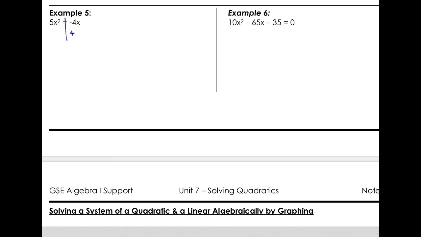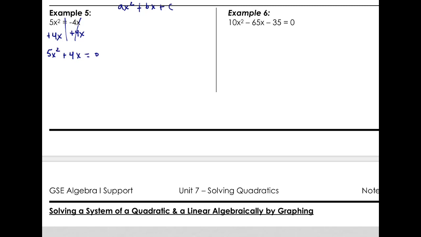Opposite of a negative is a positive, so 4x, that zeroes it out, plus 4x. Remember to leave it in standard form. Okay. Then that'll leave us with 5x squared plus 4x is equal to 0.